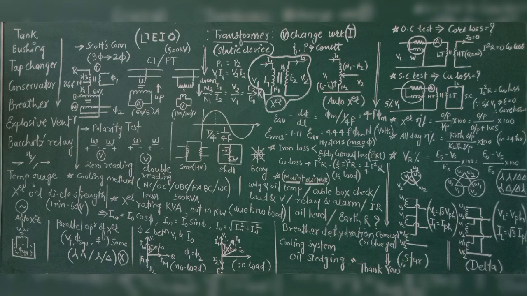In this way connections are made for delta. In star connection, VL is equal to root 3 VPH and IL is equal to IPH. In delta connection, VL is equal to VPH and IL is equal to root 3 IPH.